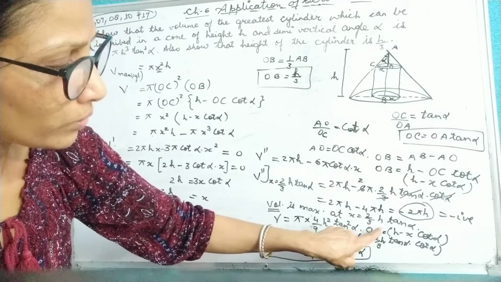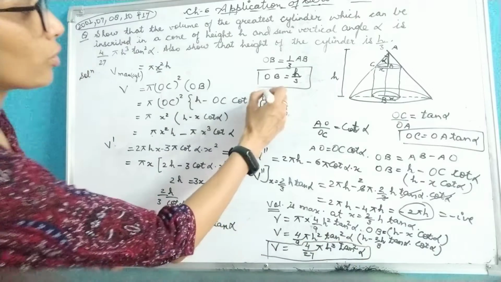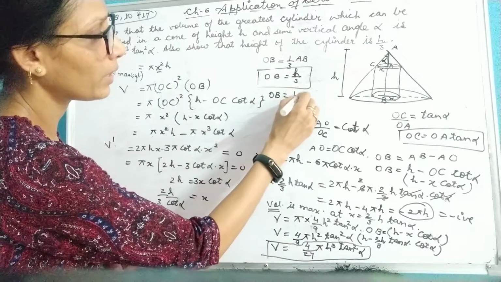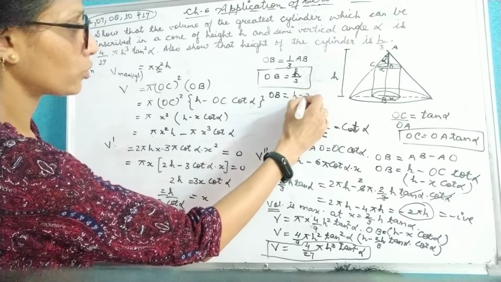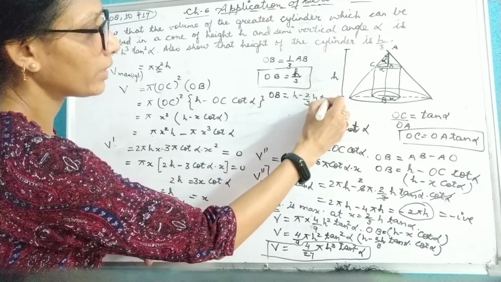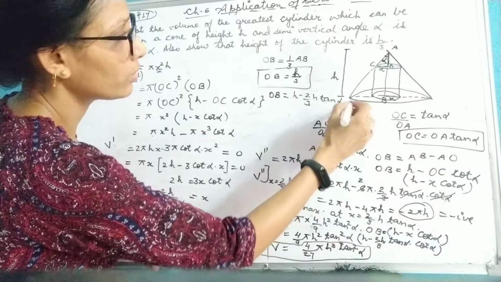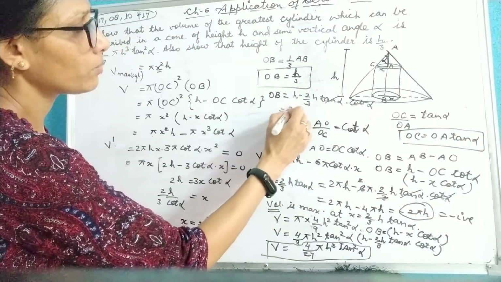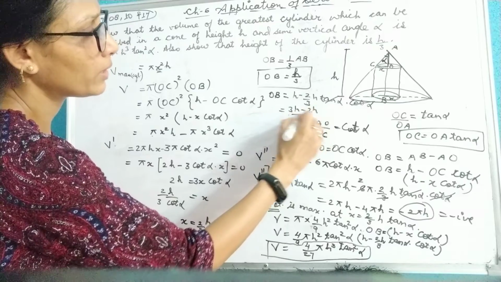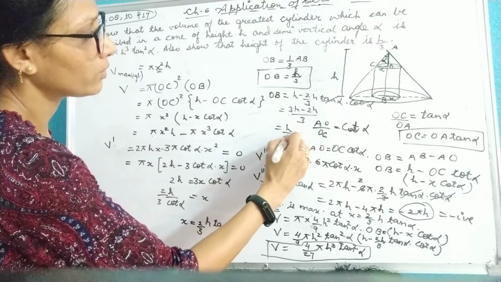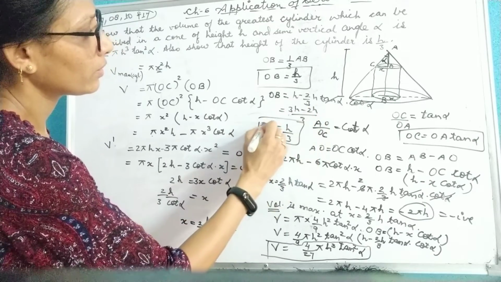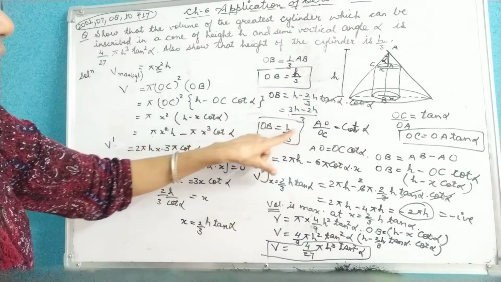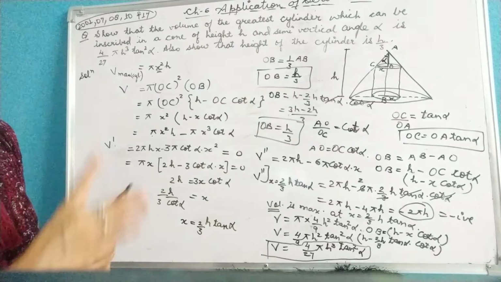So your OB will be equal to h minus x, your x is 2 by 3 h tan alpha into this cot alpha. So cot alpha and tan alpha gone. This will be 3h minus 2h by 3, which gives me h by 3. So this is your value of OB. That means 1/3 of the height of the cone will be the height of the cylinder.